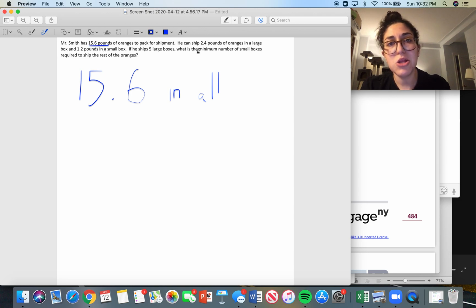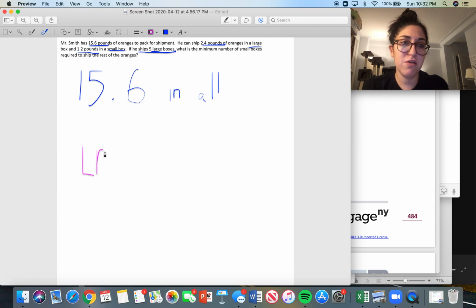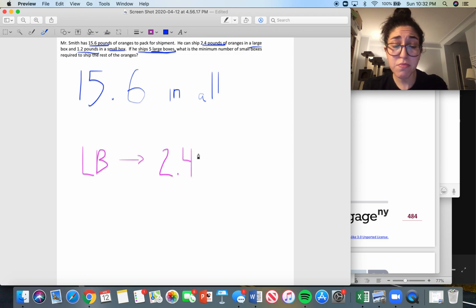It says that he can ship 2.4 pounds in a large box and 1.2 pounds in a small box. It then tells me that if he ships 5 large boxes, so we know how many large boxes. What do we know about a large box? I'm going to say LB for large box. We know that it can hold 2.4 pounds of oranges, right?